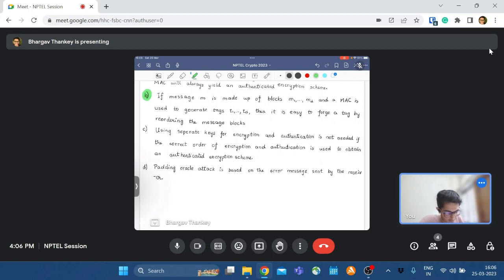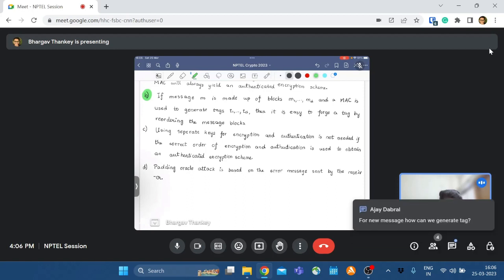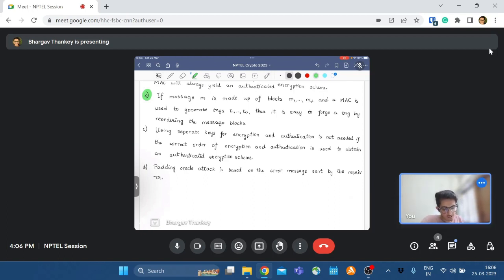First let's go over all the options and then I'll tell you why B is true. So C is using separate keys for encryption and authentication is not needed if the correct order of encryption and authentication is used to. Let me go over options C and D as well, and then I'll show you how we can do it.